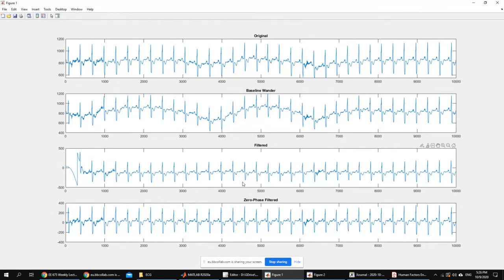I told you before that regular filtration is useful for real-time filtration. If I wanted to implement a filter in an ECG device, then it has to be implemented as regular filtration, not zero-phase filtration. Zero-phase filtration would require you to have the whole signal before it can be applied. So regular filtration is the one that is practical. But the results of the zero-phase filtration would give you a good idea whether this filter is good or not.